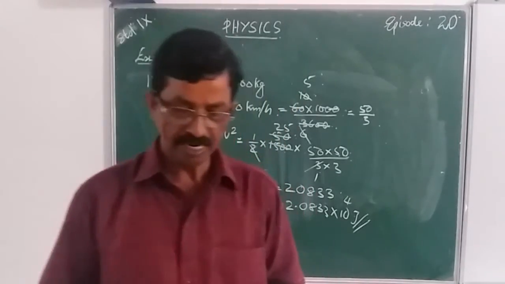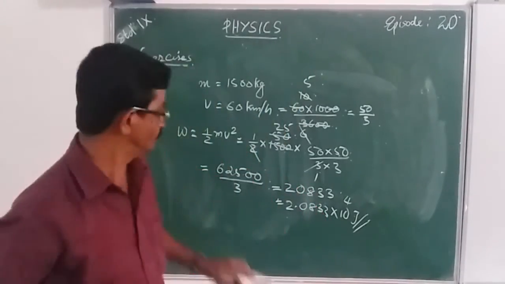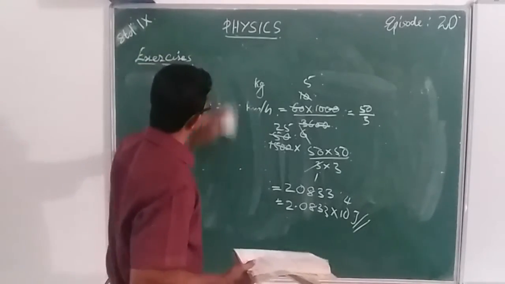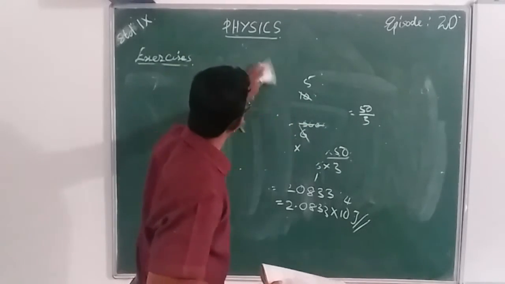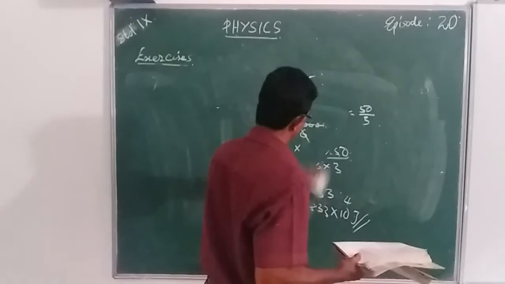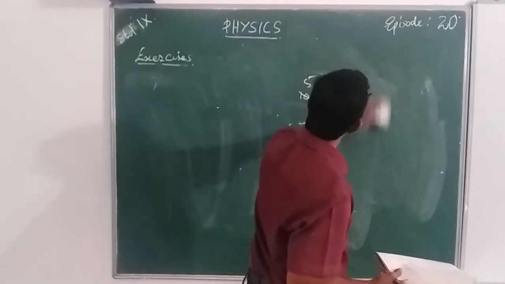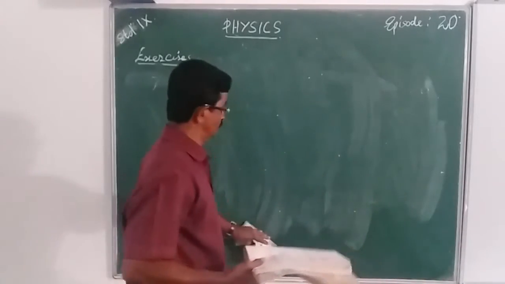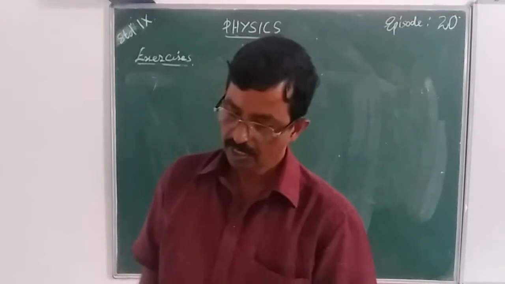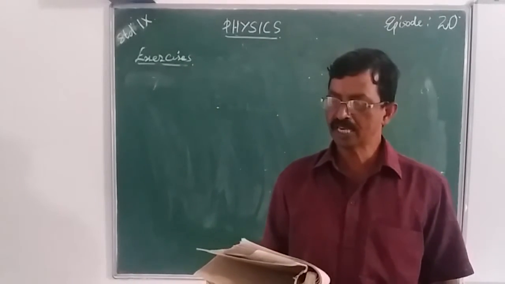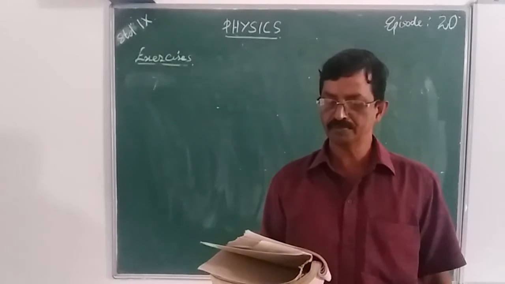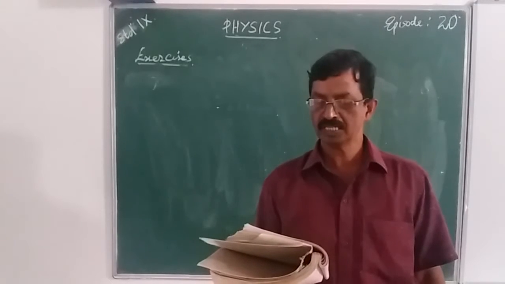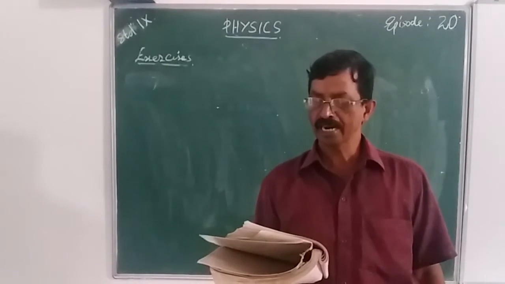Now, question number 82. In each of the following cases, force F is acting on an object of mass M. The direction of displacement is from west to east, shown by the longer arrow.